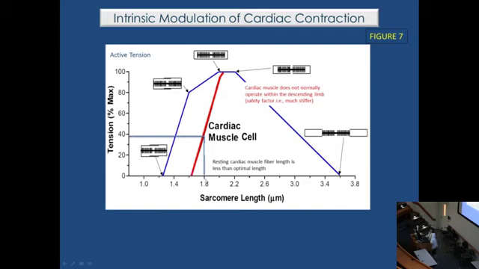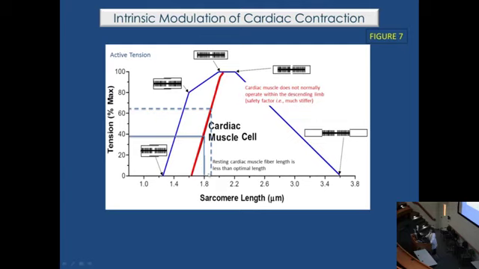Let's say that we have our cardiac muscle at this length, and at this length, it will produce this amount of tension. Now, if we stretch or increase its length just a little, look how the amount of tension increases. We have a greater increase.